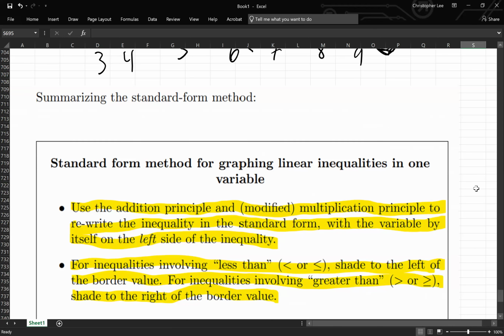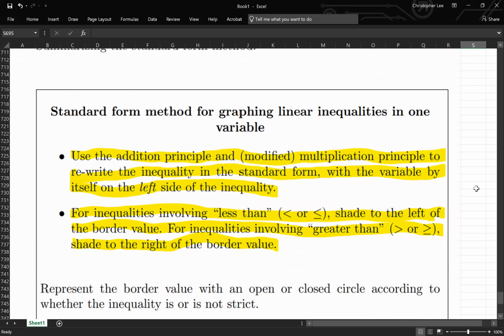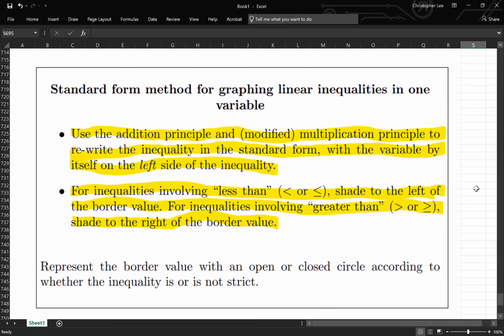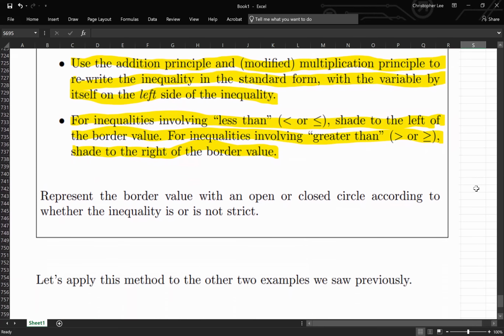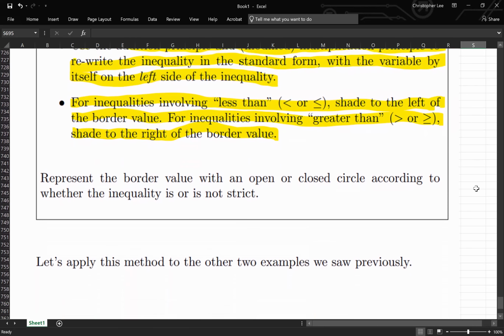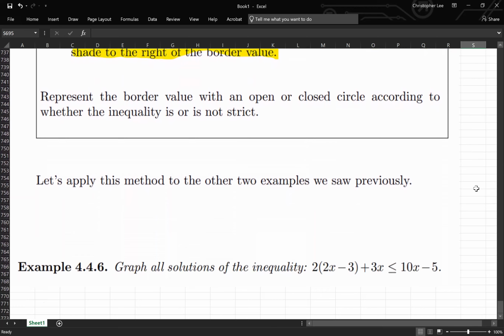For inequalities involving greater than or greater than or equal to, shade to the right of the border value. Represent the border value with an open or closed circle according to whether the inequality is or is not strict.